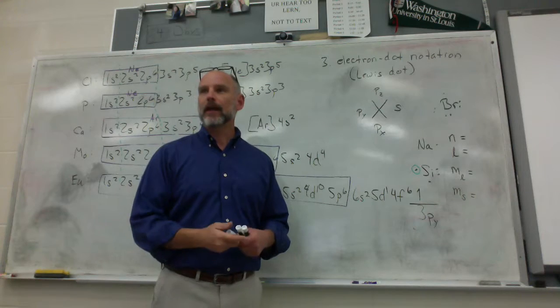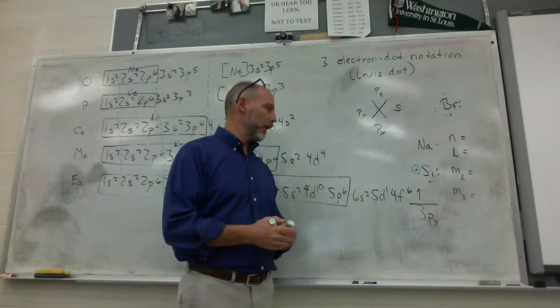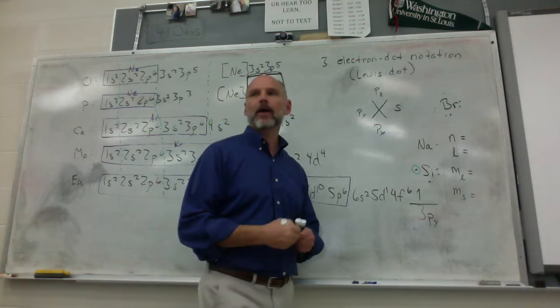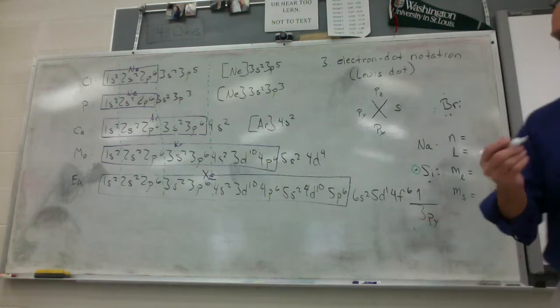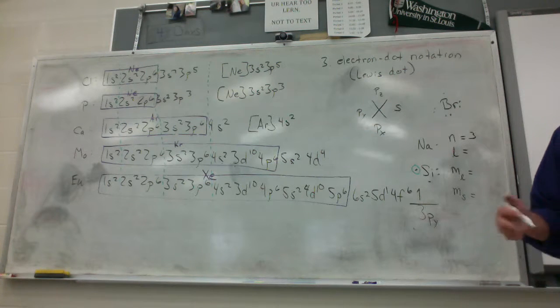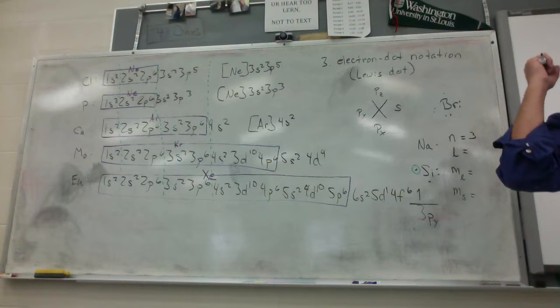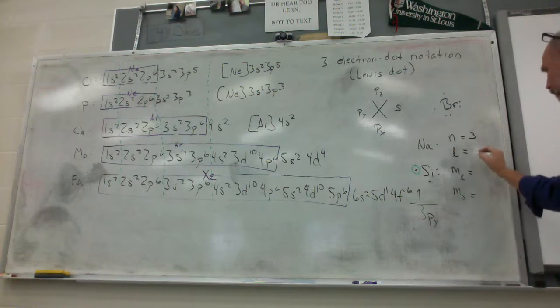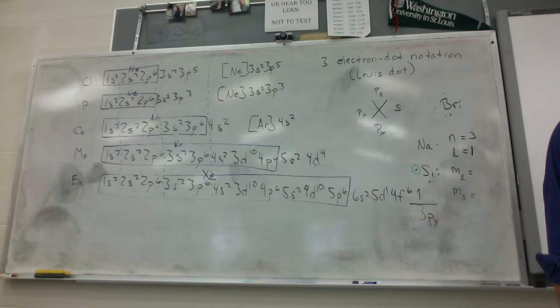With that being said, what are the 4 quantum numbers then for that electron? Everyone together now for the n. 3. How about the l? 1. Well, remember, a p orbital is an l of 1. What is the m sub l? Well, remember, the possible values for m sub l are -1, 0, +1, or in other words, x, y, z.